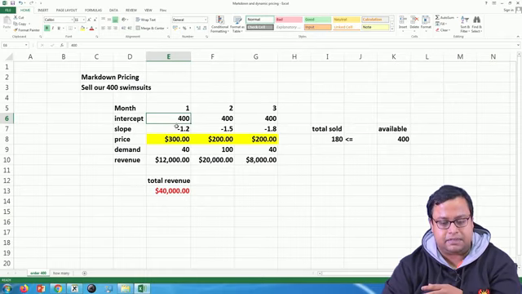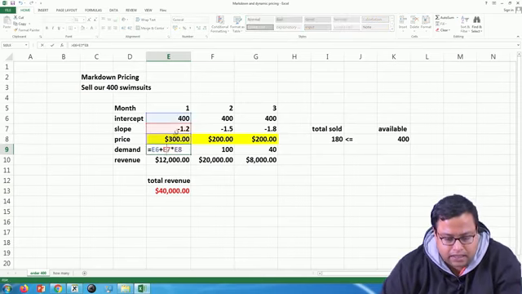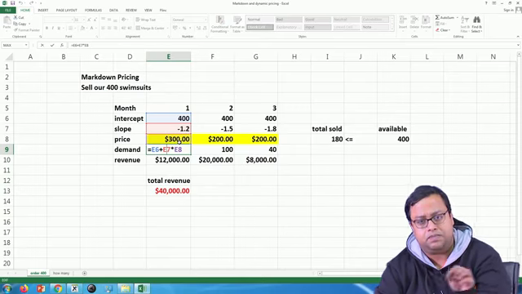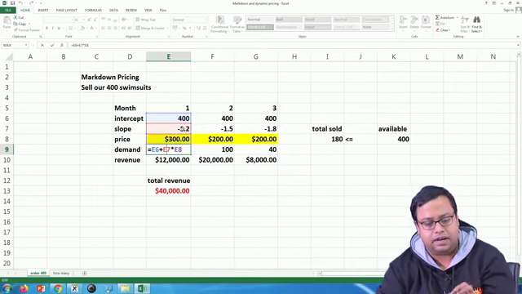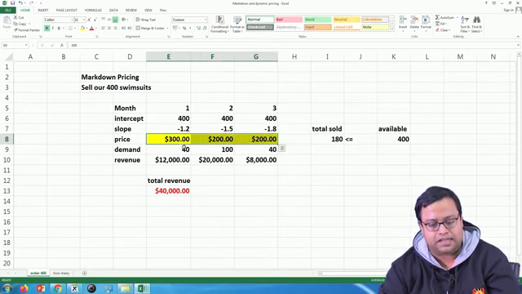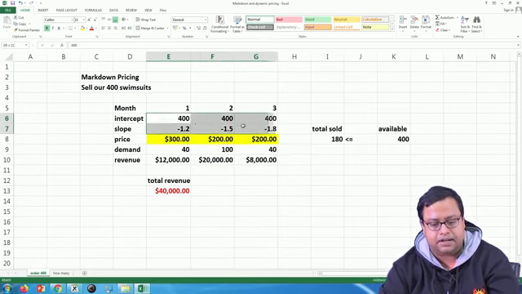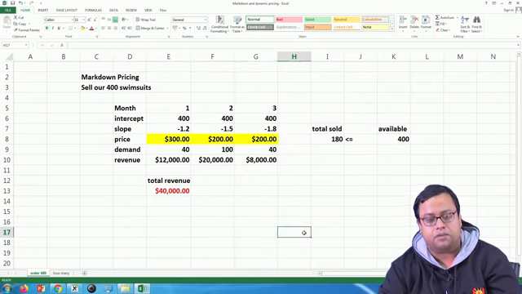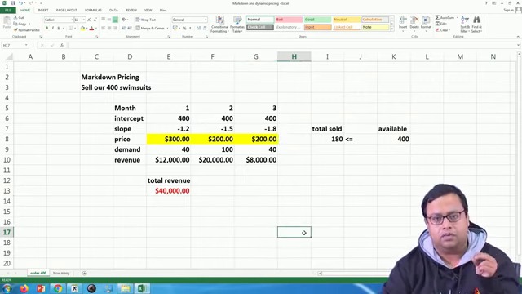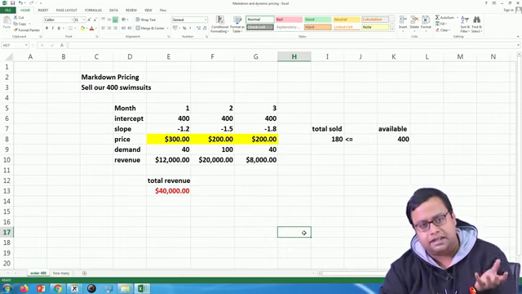Now, I have to sell these 400 swimsuits over these 3 time periods, and this is the intercept and this is the slope. That means demand is equal to intercept plus slope times price, so D is equal to A plus BP, where A is 400 and B is whatever is given here. These 3 values are random values written first, for 3 time periods when 3 different types of people of different price sensitivity will come.